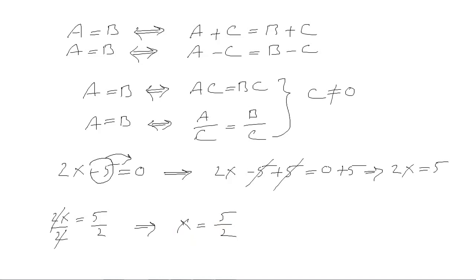Okay, now let's look at some more complicated examples. 5x minus 2 times open brace x plus 1 close brace minus 4 equals minus 2x minus 1, and I want to solve for x.